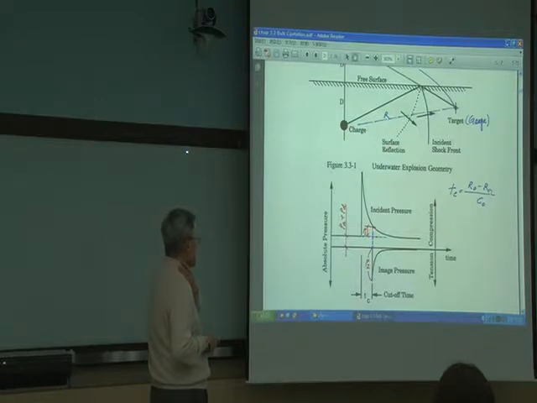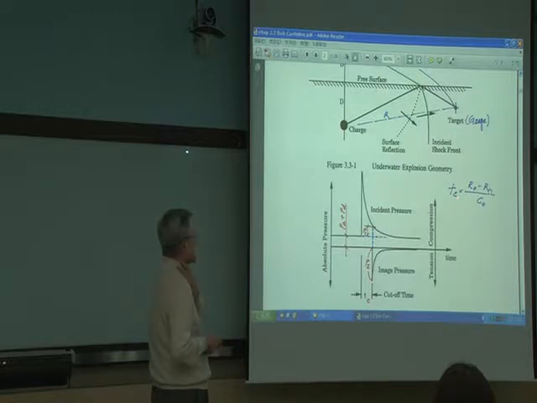So this P1, remember, is not from here to here, P max. P1 is the incident shock wave pressure at the time the rarefaction wave hits the target, right here at the cutoff.